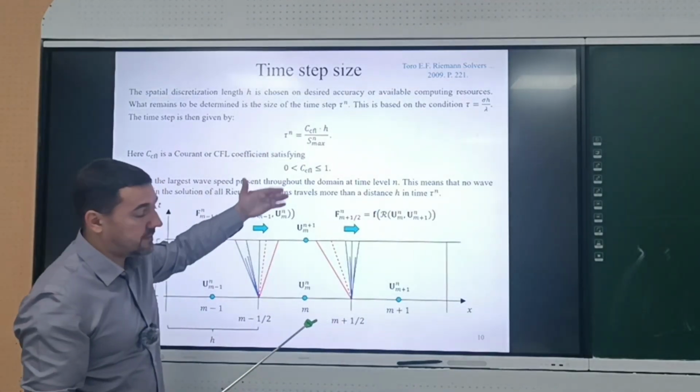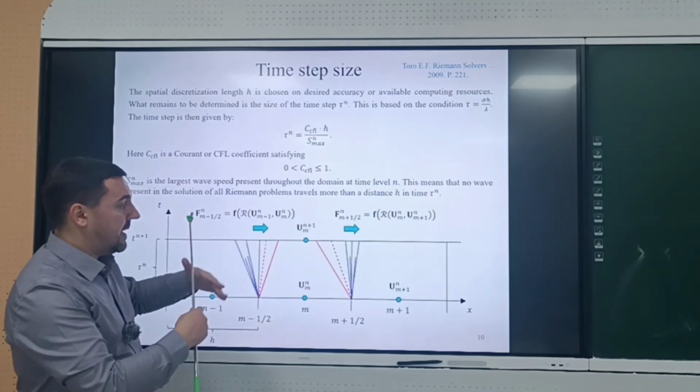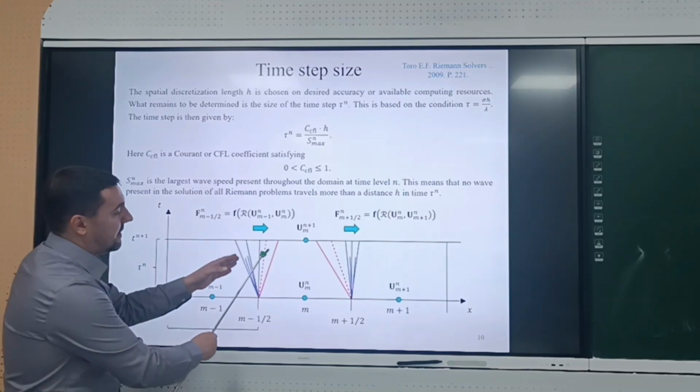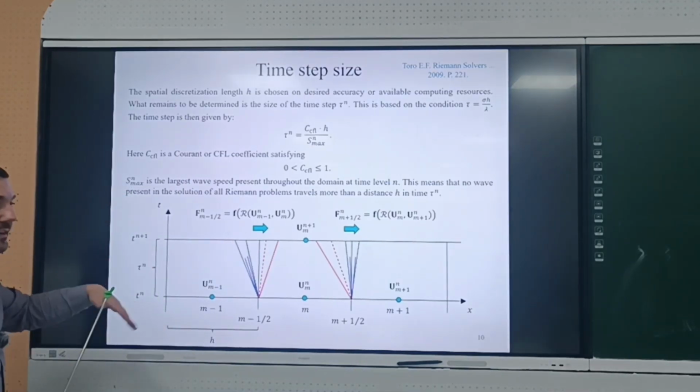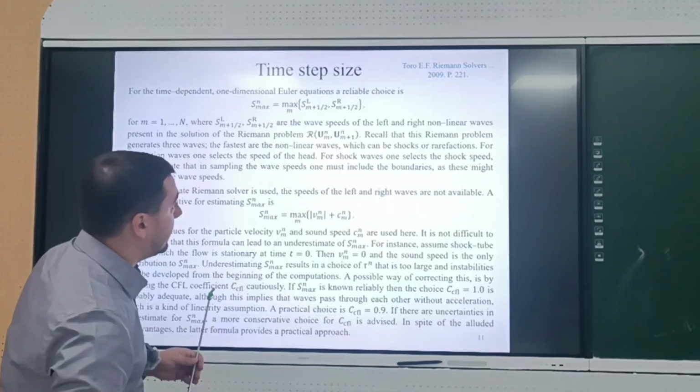This will be the time step. On the next time step, we will have another set of Riemann problems. We will solve them, obtain other velocities and another time step, and so on. So that's the idea.